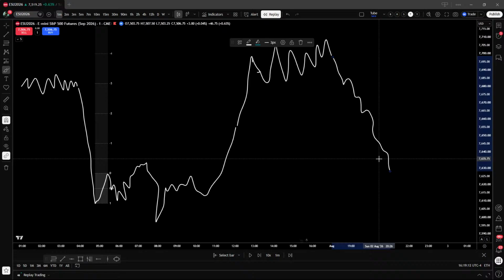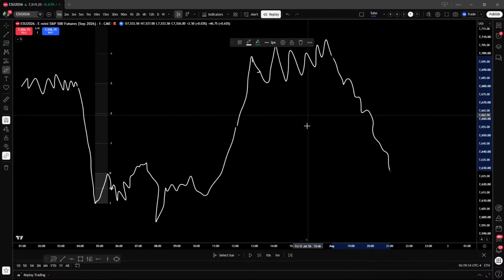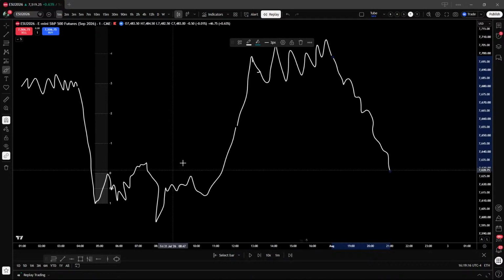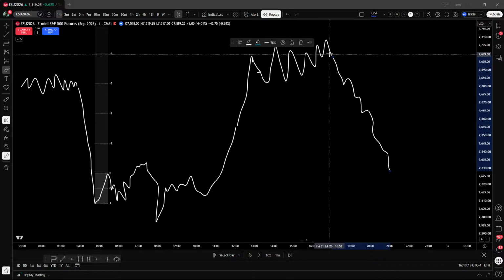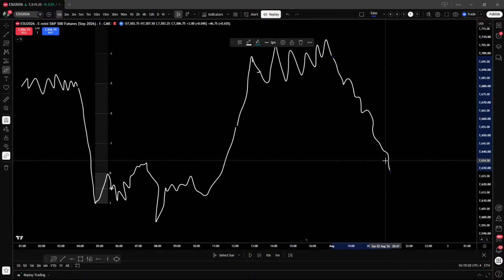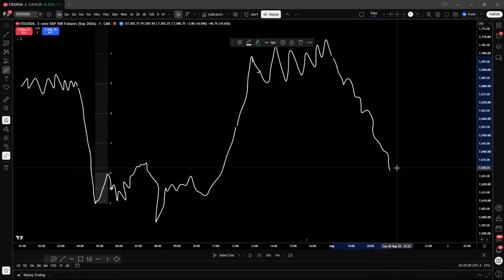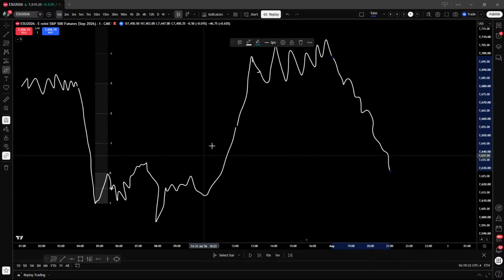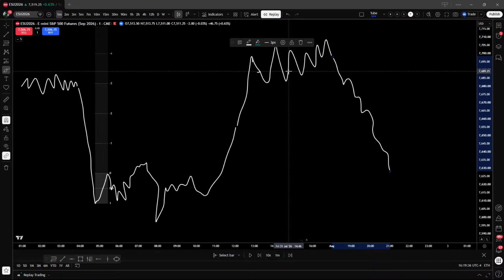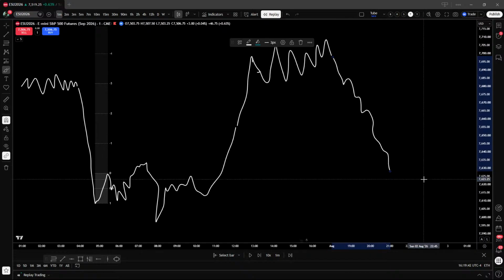Until here, it's a market maker buy model, but then if price goes down like this, it has become a market maker sell model. To me, a market maker buy model a lot of times is just the first half of a market maker sell model.